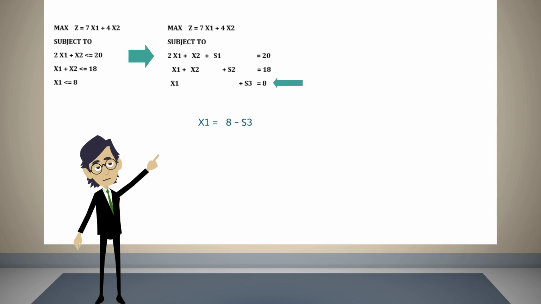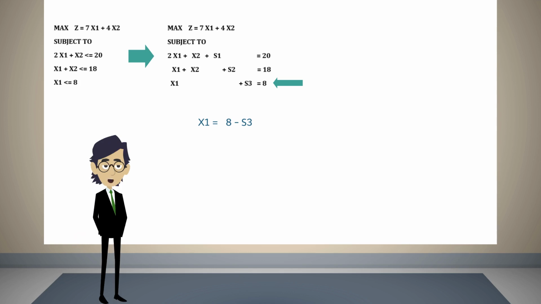We will use this expression to substitute the value of x1 in the objective function, as well as in the other constraints. Substituting in the objective function, we obtain the following expression. Now we simplify and arrange these variables. And hence, z is equal to 56 plus 4x2 minus 7s3.